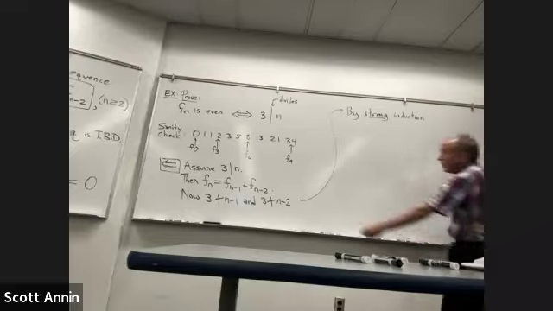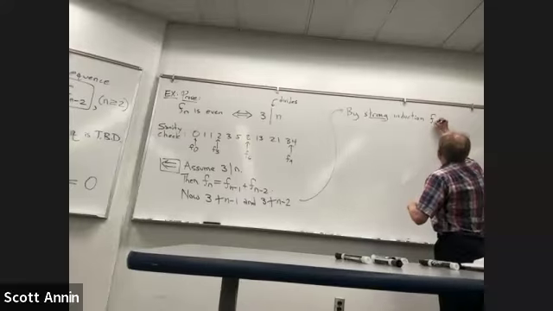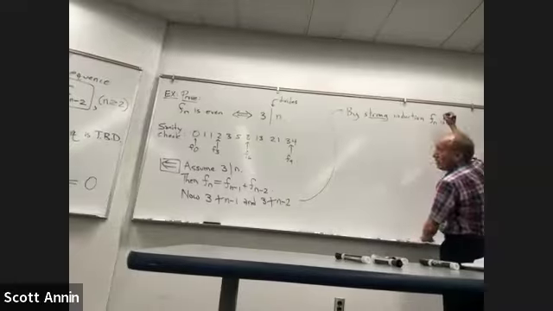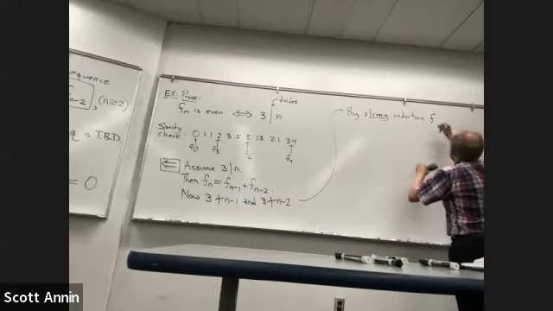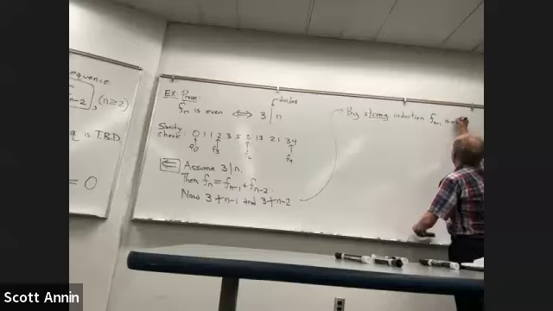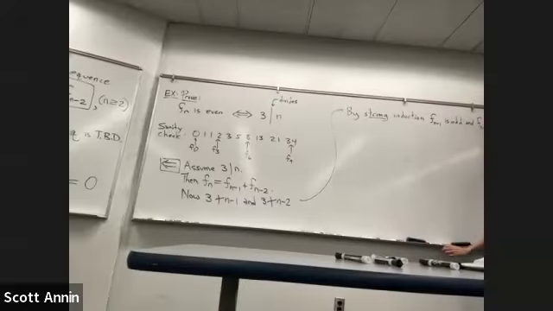So by strong induction, which we apply to both of these, we can say that f sub n minus 1 is odd, and f sub n minus 2 is odd. Good enough?